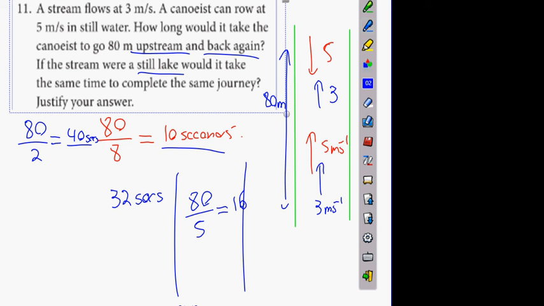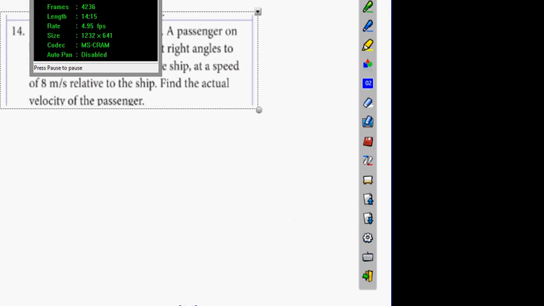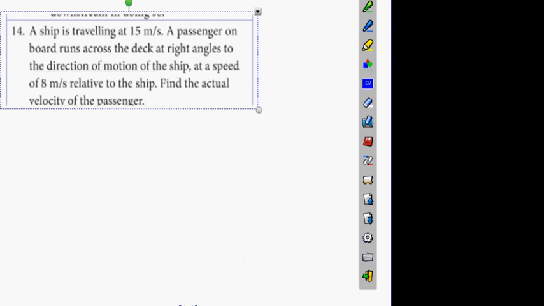So they're not cancelling each other now, if it goes fast on the way and then slow on the way back. What's happening is, we'll make this really easy on ourselves. Let's have the ship going directly down at 15. There's a plank extending outwards from the ship at 8 meters per second.